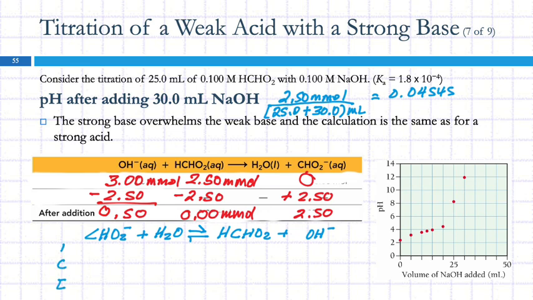Initial, change, equilibrium. So the weak base was 2.5 millimoles, which we found out was 0.04545. And the hydroxide was 0.5 millimoles divided by 55 milliliters, 0.00909.